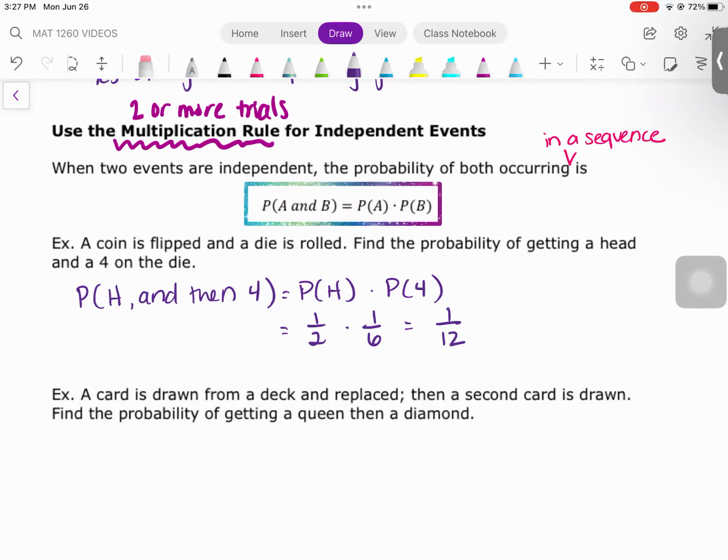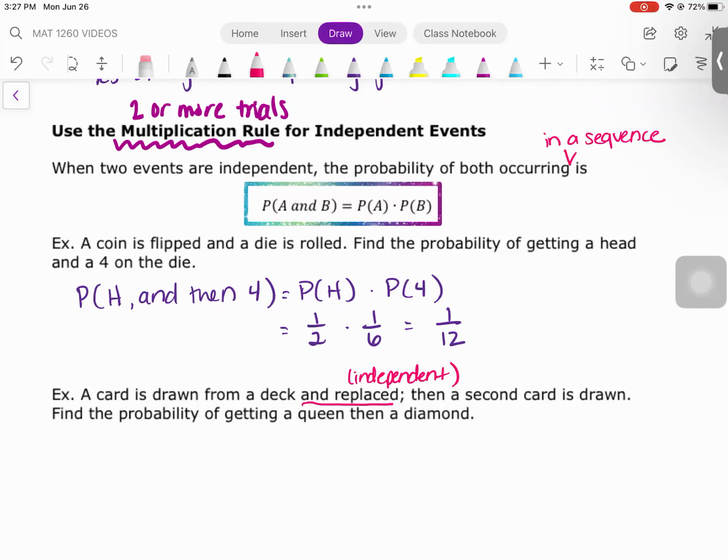A card is drawn from a deck and replaced. Then a second card is drawn. Find the probability of getting a queen, then a diamond. Because we are replacing our first card, that makes these events independent. What do you think would happen if we didn't put the card back?